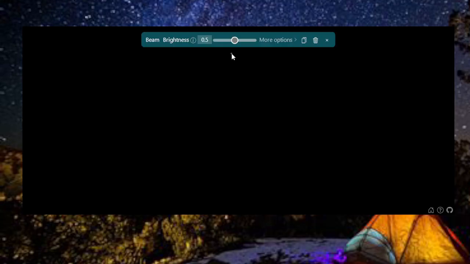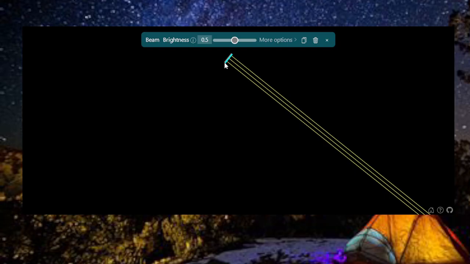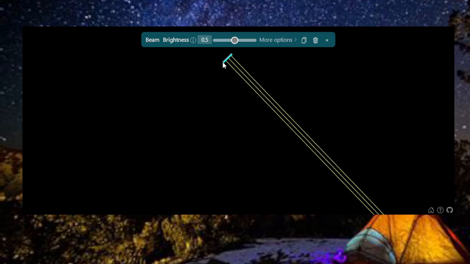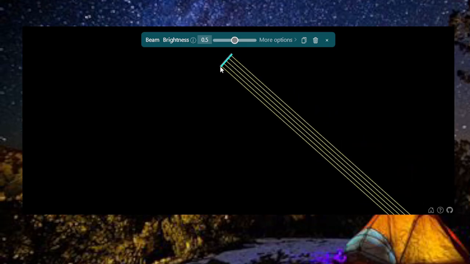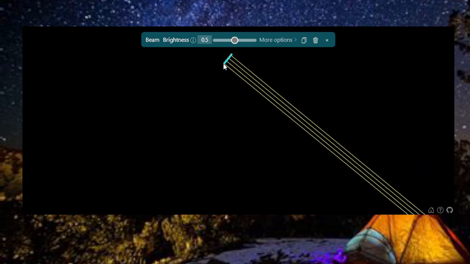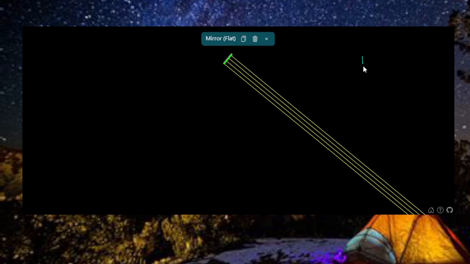The light source will be up here. Draw some mirrors over here.